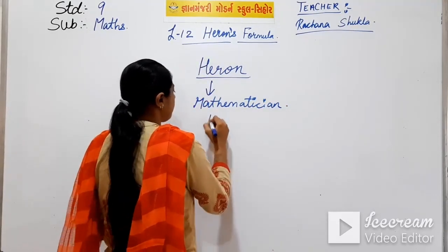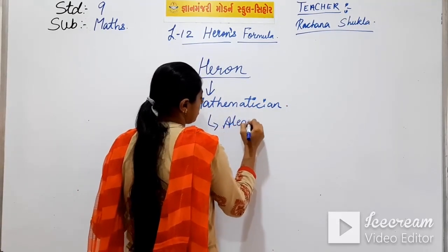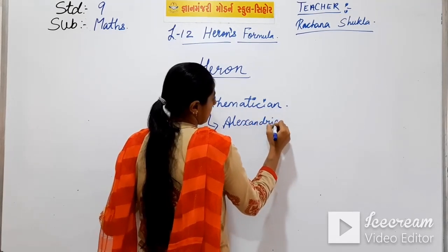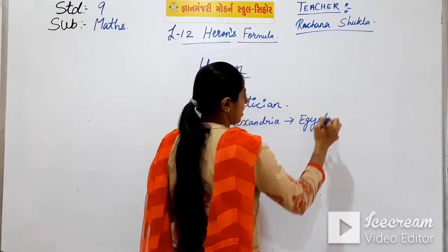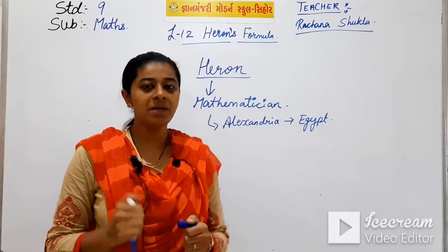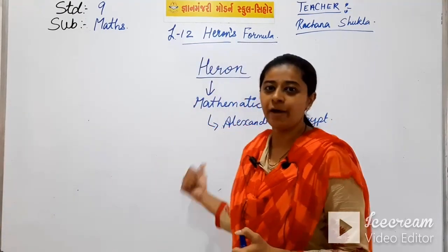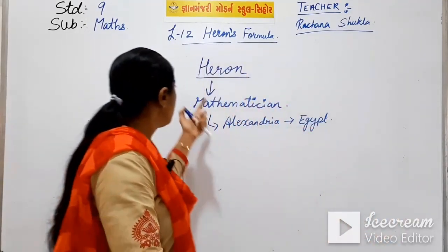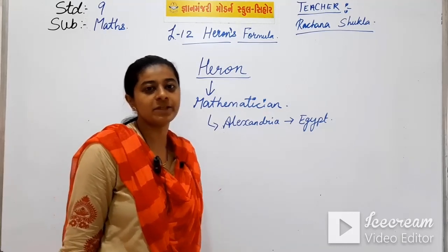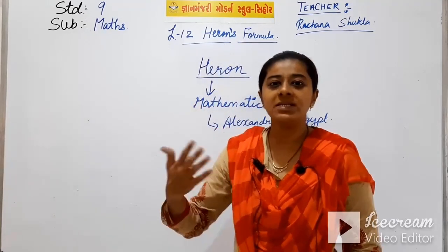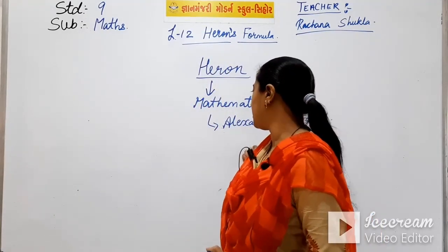He was from Alexandria, from Egypt country. Alexandria is a city in Egypt, and Egypt is in Africa.